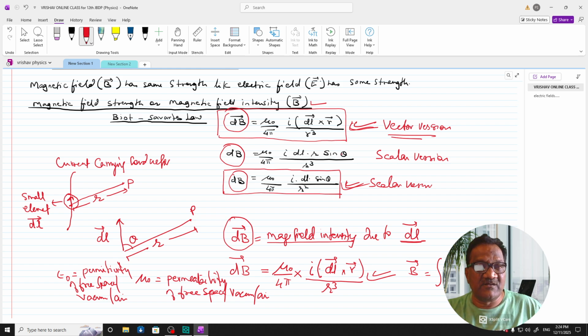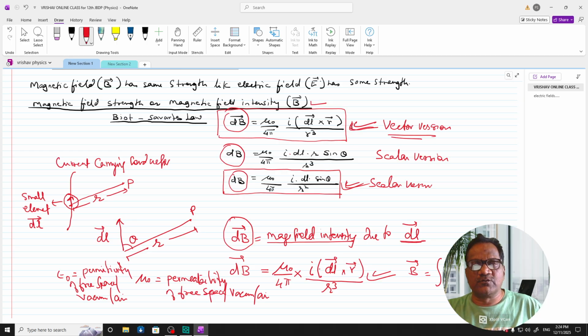So it will be I into dl into r into sine theta divided by r cube, and r and r cube will get cancelled, and the final formula for the scalar version will be dB equal to mu 0 upon 4 pi times I times dl times sine theta divided by r square.